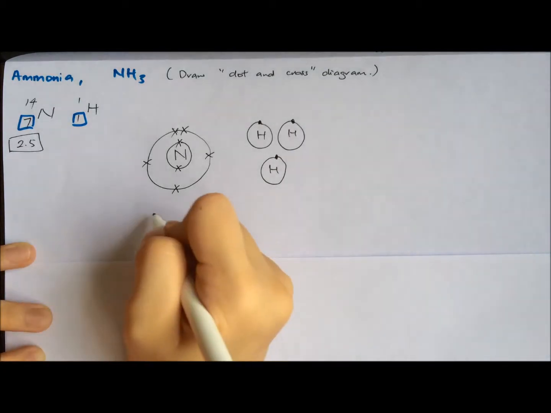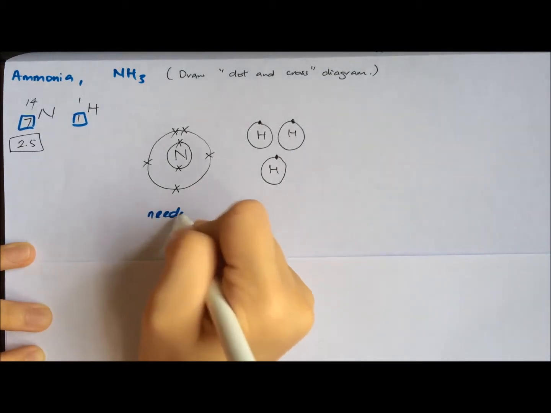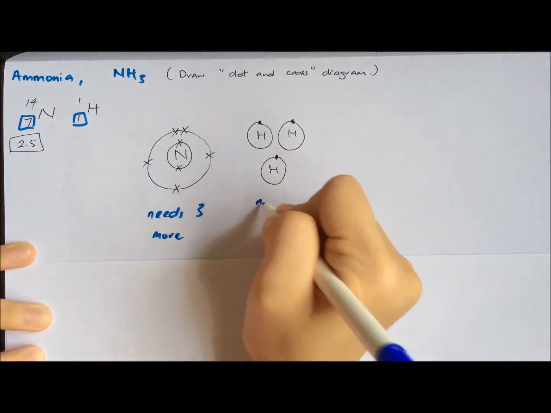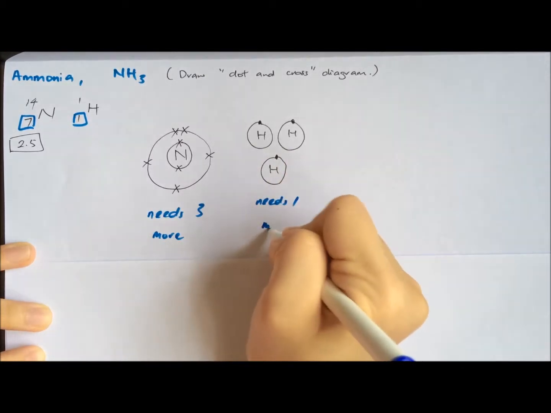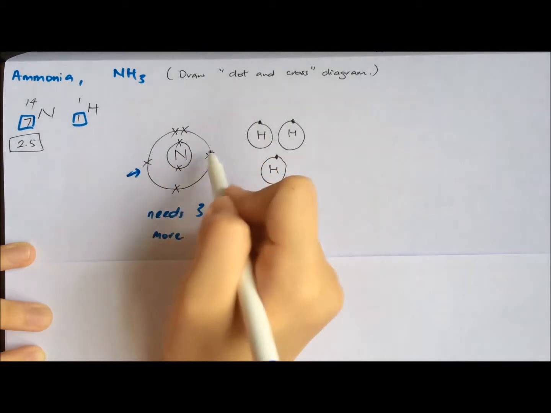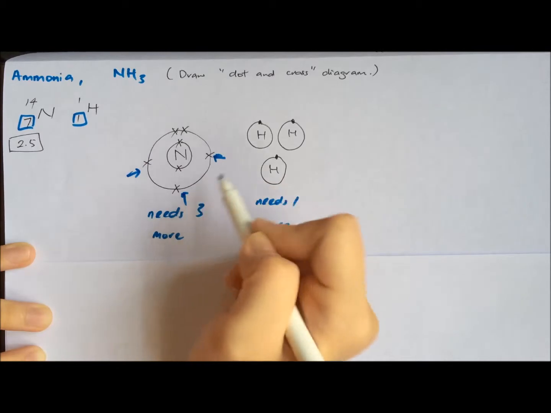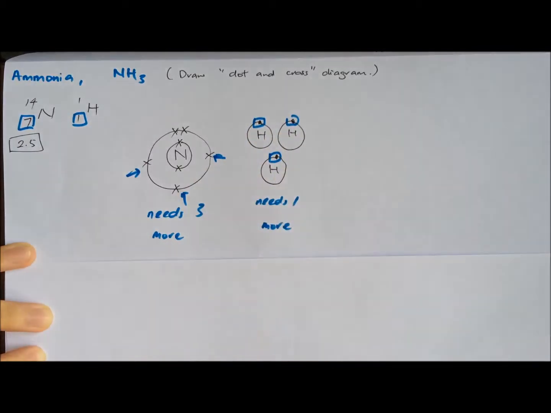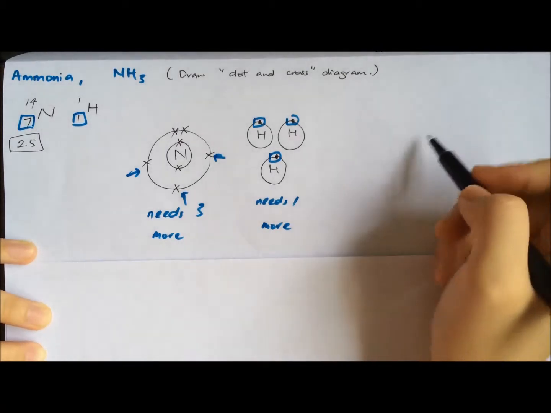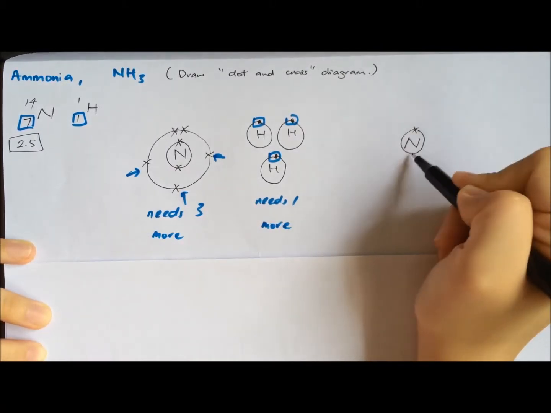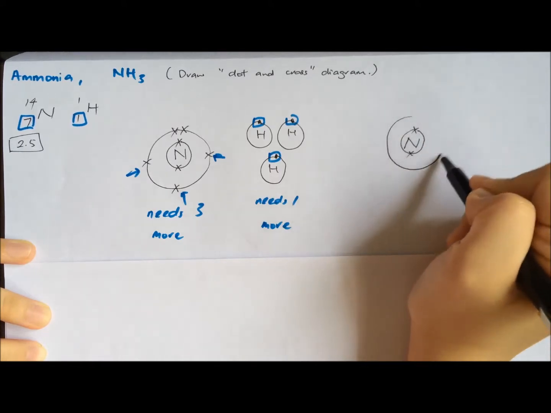Then you can ask, how many more do you need? So nitrogen needs 3 more electrons, while hydrogen needs 1 more. Find your lonely crosses and your lonely dots. You will find that they will come together. So now we must draw our first shell first, because we must draw all the electrons.